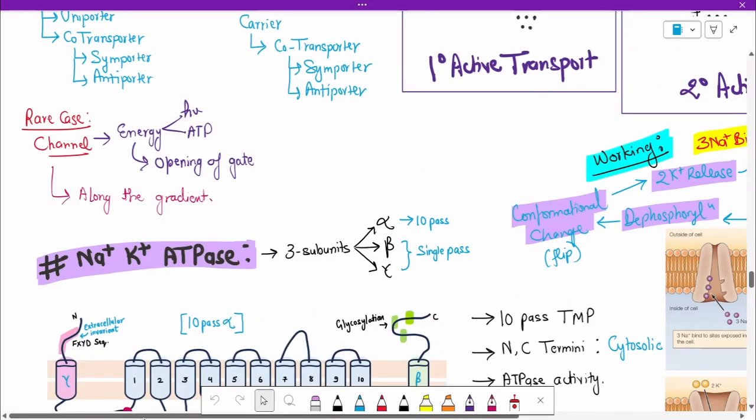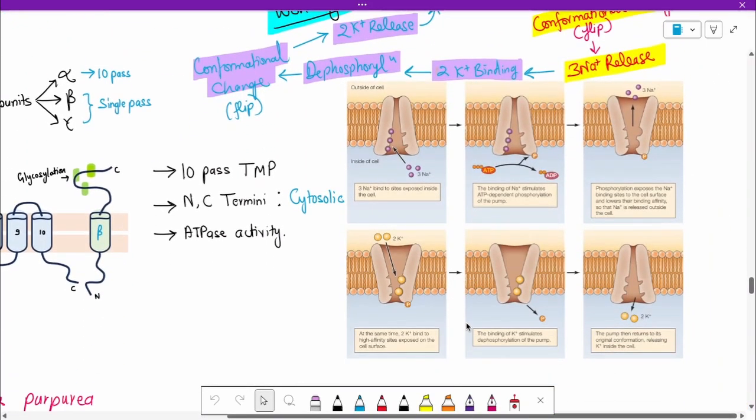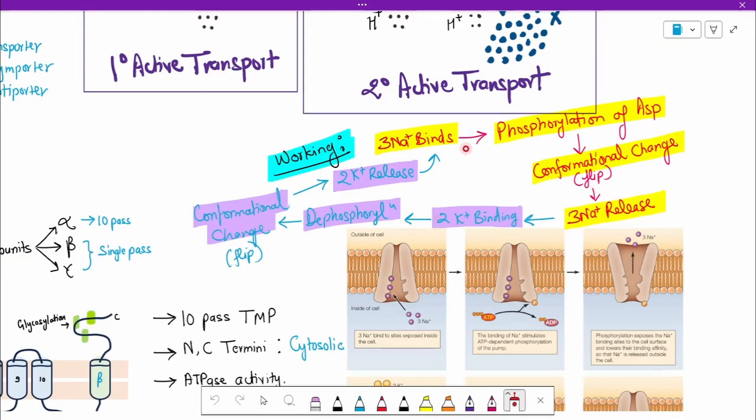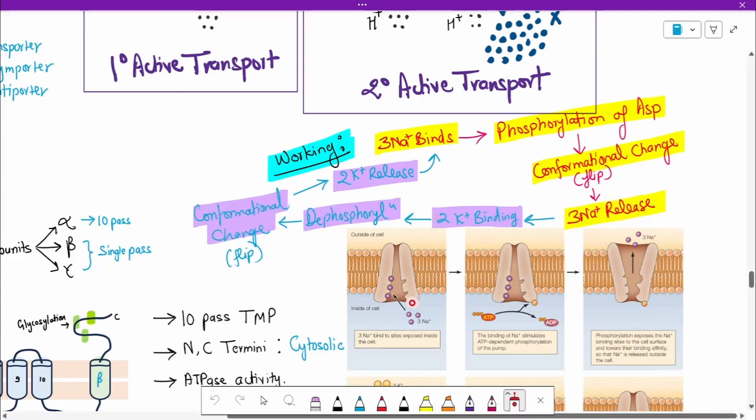Let's see the working of this sodium potassium ATPase. Okay, you can see in this diagram it starts with binding of 3 sodium ions, and after this the phosphorylation of aspartate will occur. This phosphorylation of aspartate will induce a conformation change. The protein will flip. As you can see here, the 3 sodium ions will be released, and 2 potassium ions will be bound.